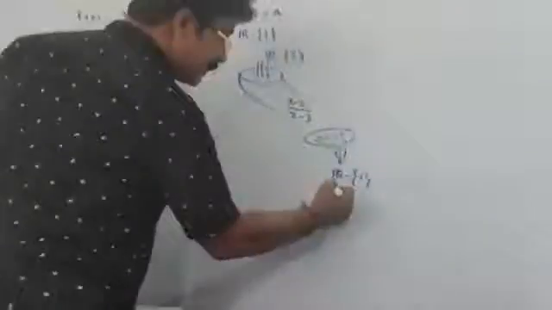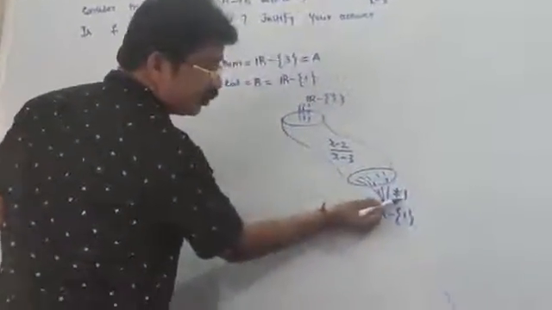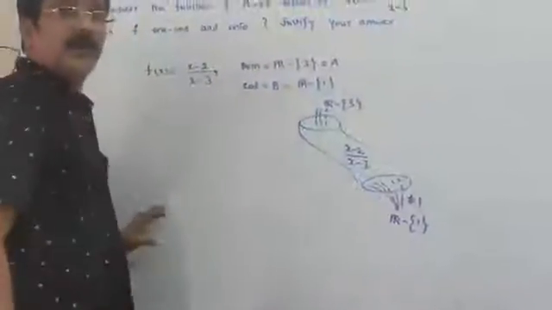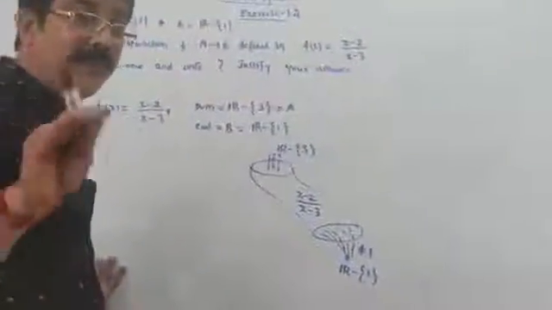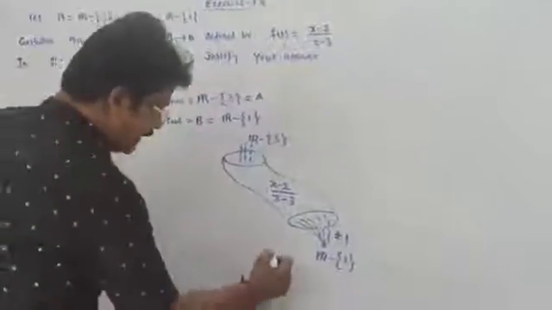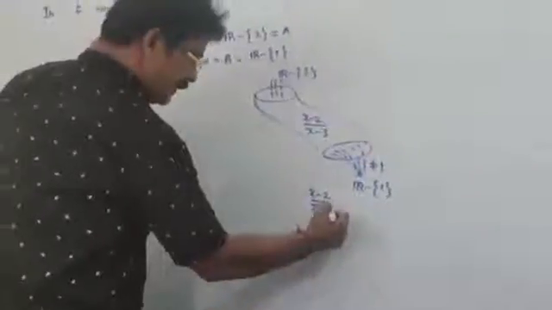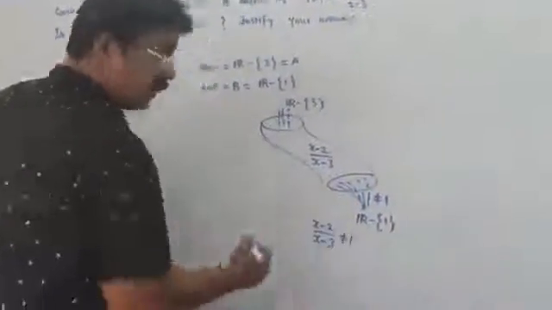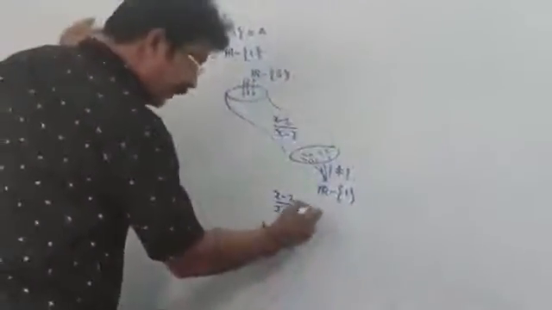Indirectly it is not equal to 1. The resultant value should not be equal to 1. So if it is equal to 1, then what will happen? It means x minus 2 by x minus 3 should not be equal to 1. Sir, if it is equal to 1, then what will happen?